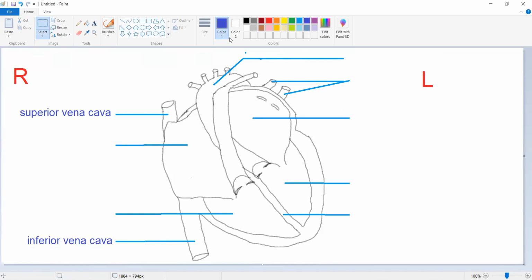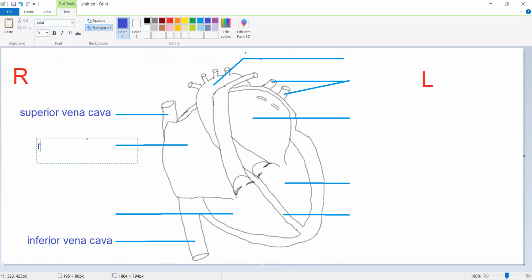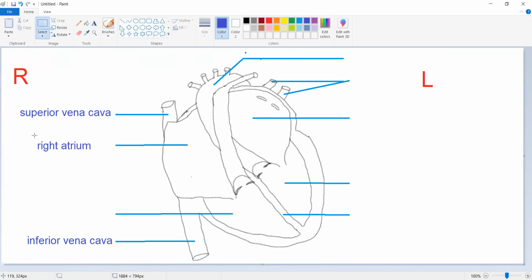Okay, next we want to label right atrium. This is the right atrium. Next is right ventricle. Ventricle is the one below.